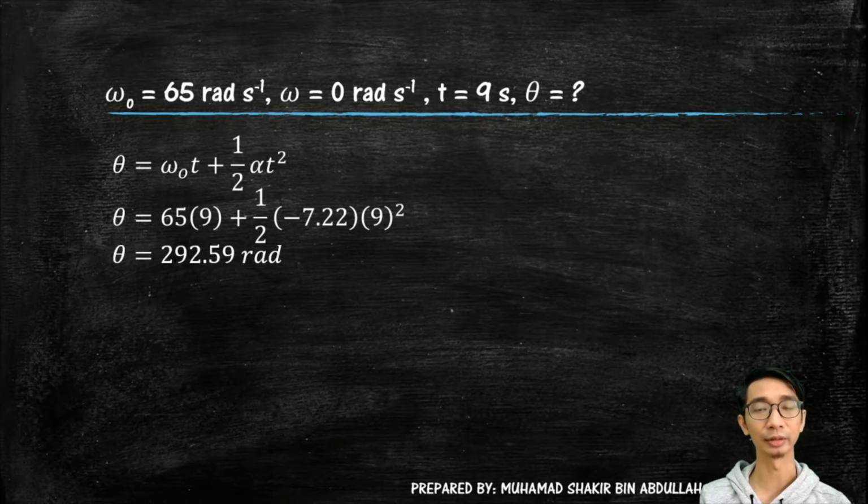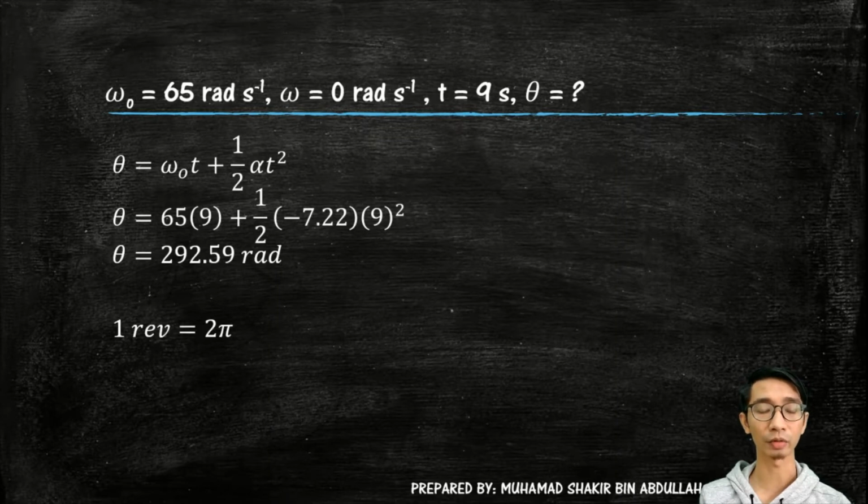Theta, which is angular displacement, equals 292.59 radian. But the question is asking for how many rotations, so we need to convert first. We are not done yet. We have 1 revolution equal to 2 pi radian.